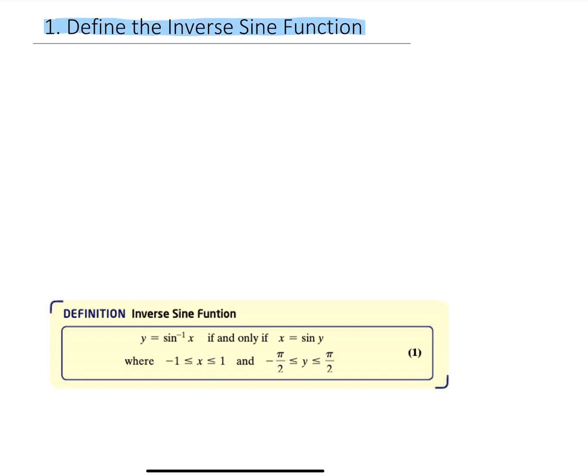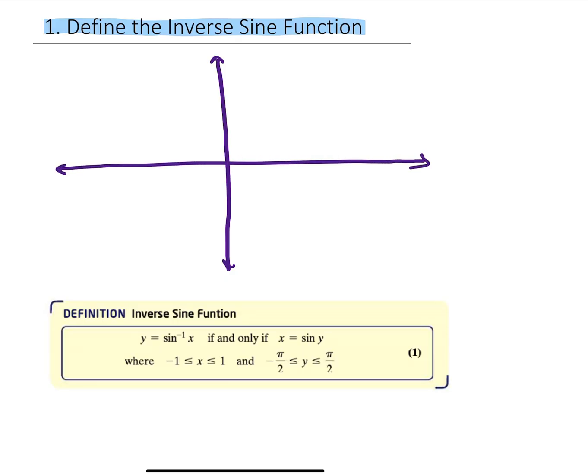So I mentioned that it must be one-to-one or pass the horizontal line test in order to be invertible, in order for us to say that it has an inverse. So let's imagine the graph of the sine wave. And I'm going to do a period in the positive direction, so out to 2 pi.